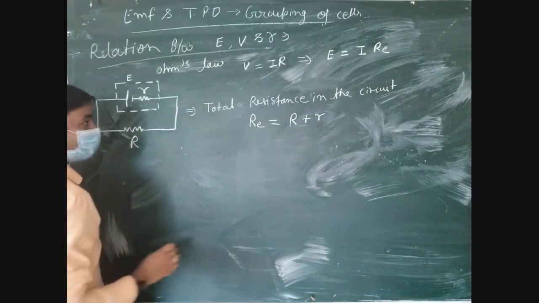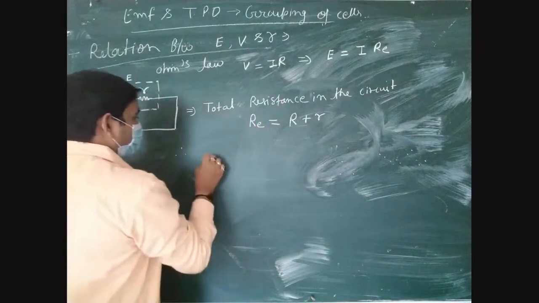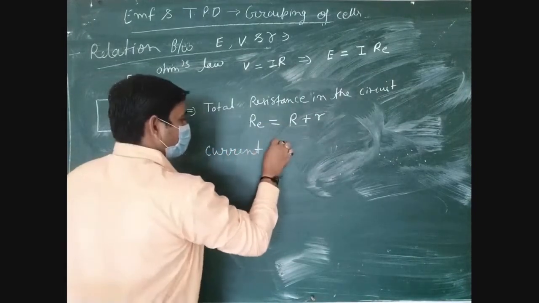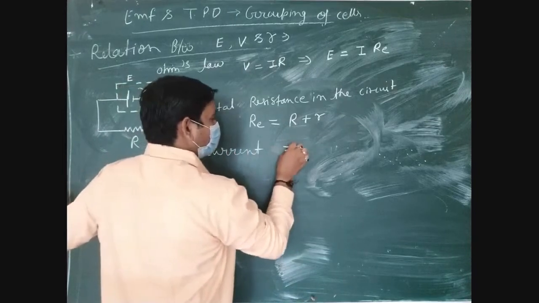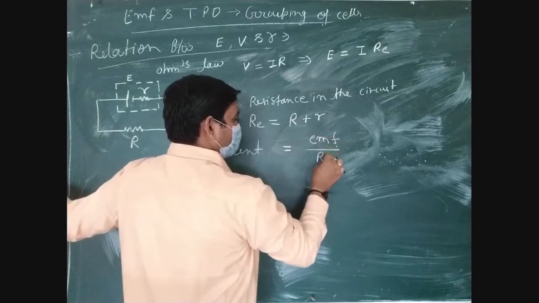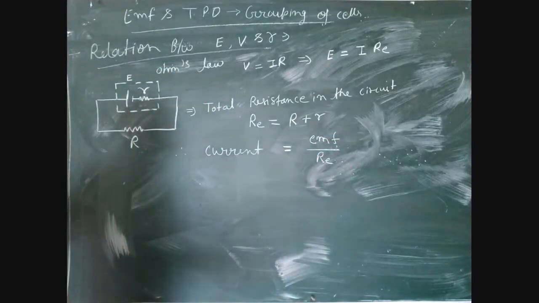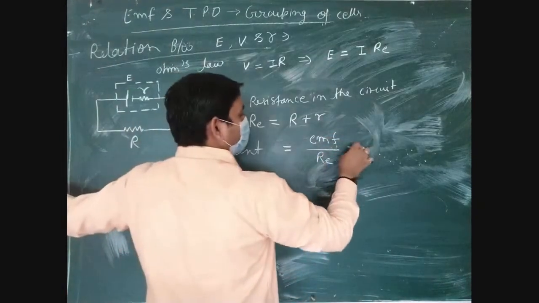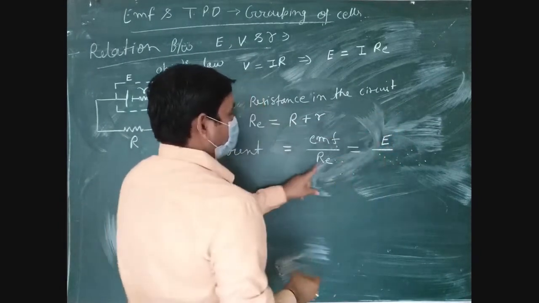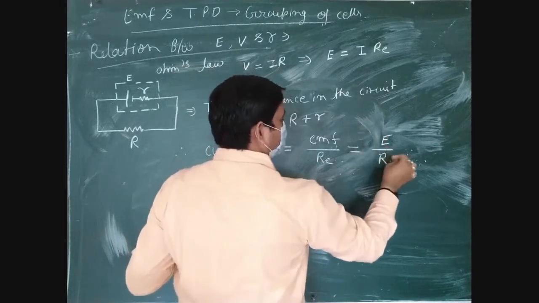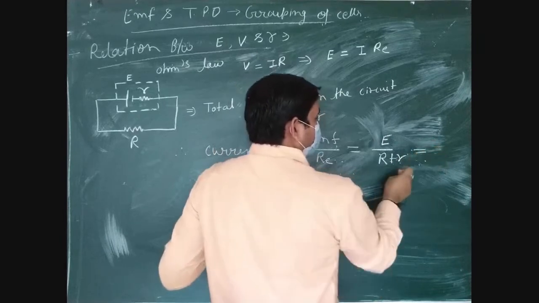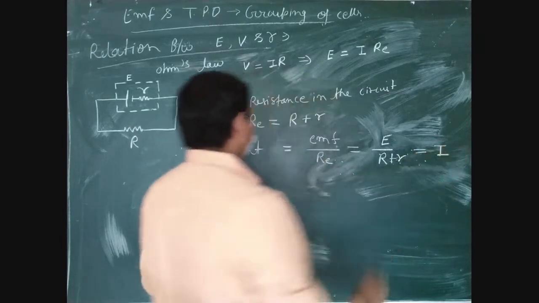Therefore, the current in the circuit is EMF upon total resistance. The value of EMF is E and the total resistance is R plus small r, and the current is I.